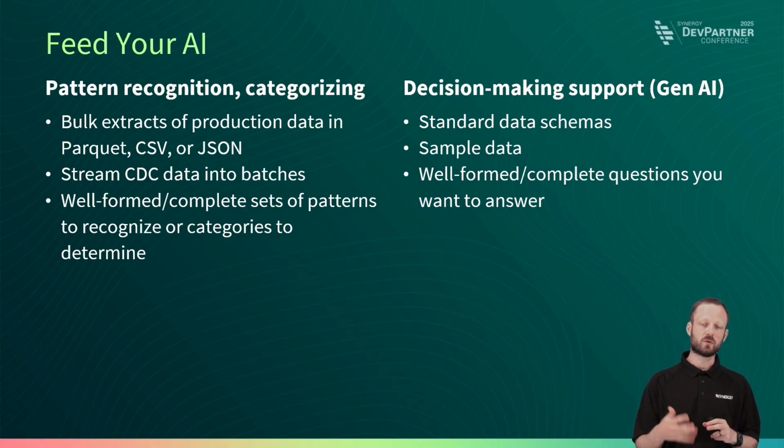Whatever your particular use case is, you need to have figured it out before you start down this path. And that's especially strong in the decision-making support, because how would you tell someone how to make decisions if you don't know what kind of decision they're making? But it applies throughout the rest of this conversation.